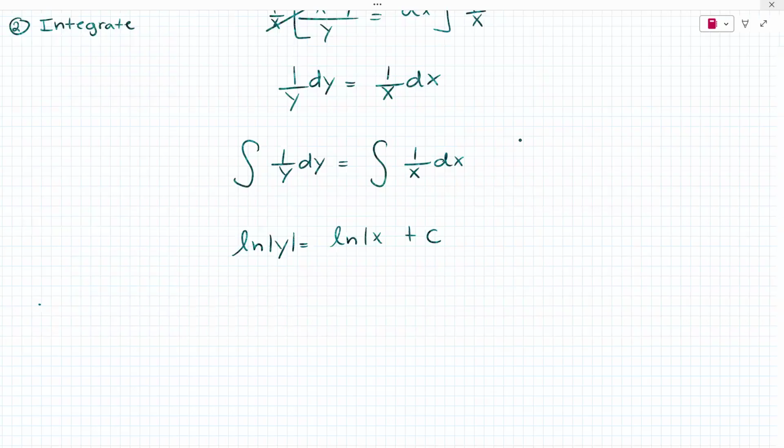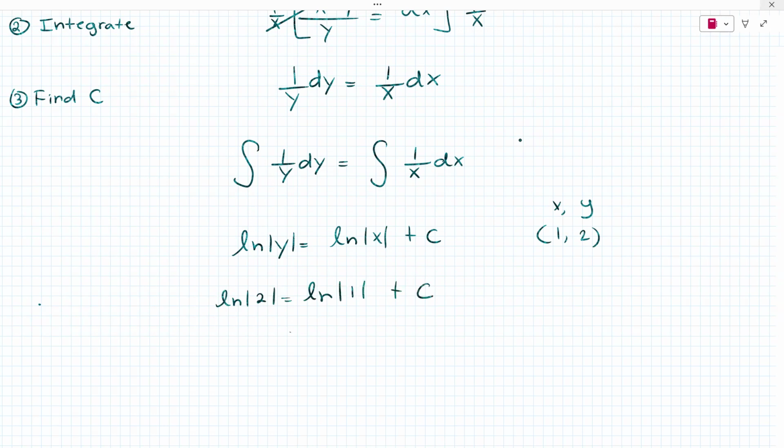So this time, step 3 is find the c. We are given an initial condition of 1, 2. So 1 is your x, 2 is your y. So it's ln of absolute value of 2 equals ln of absolute value of 1 plus c.